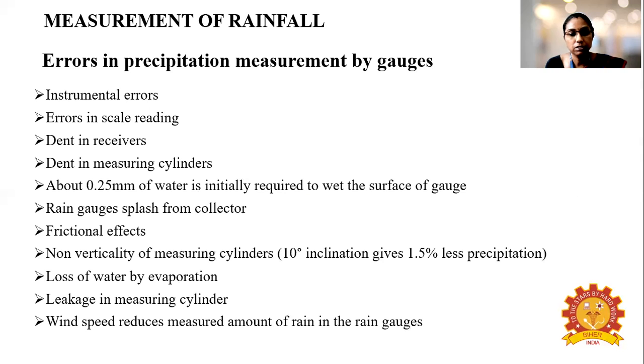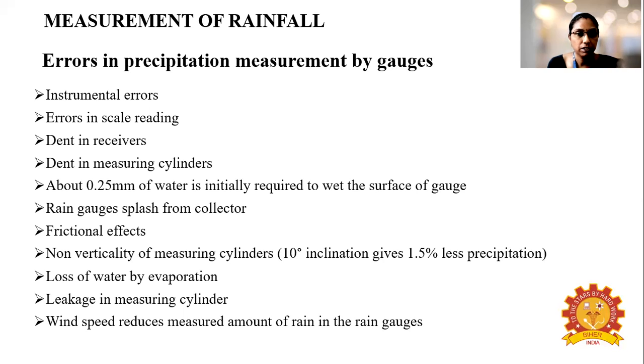The first one is the instrumental errors, and the second one is error caused in scale reading, and the third one, dents in the receivers, that is the receiving funnel or any other container, and dents in the measuring cylinders. About 0.25 mm of water is initially required to wet the surface of the gauge.